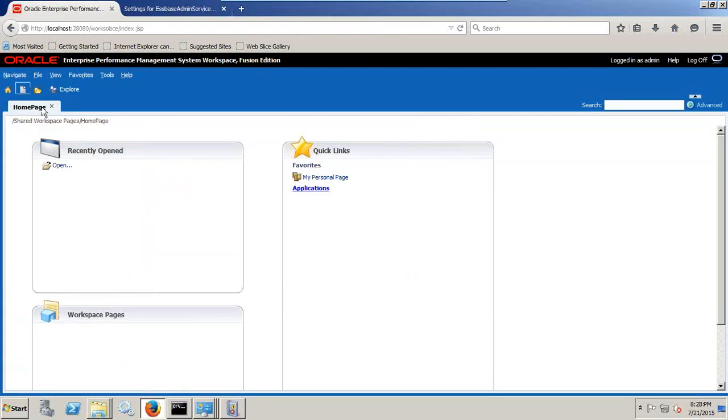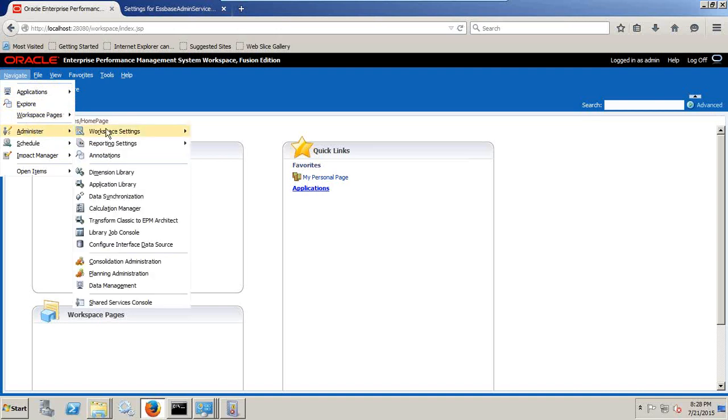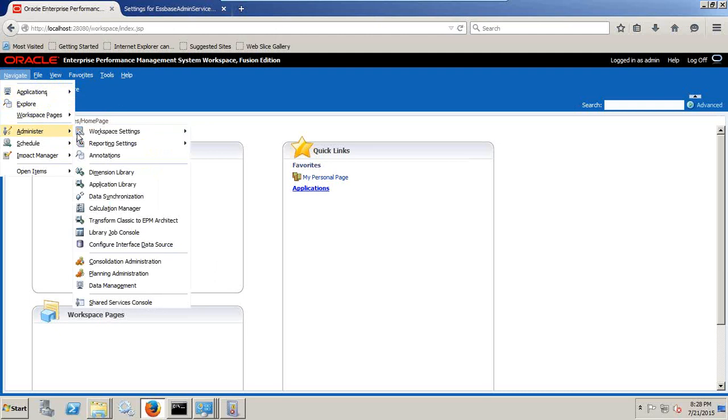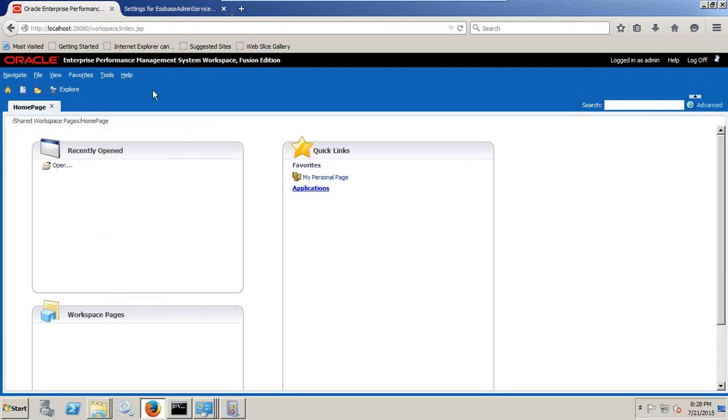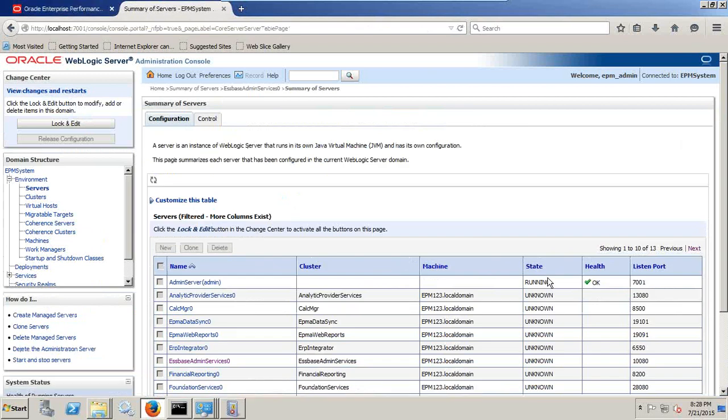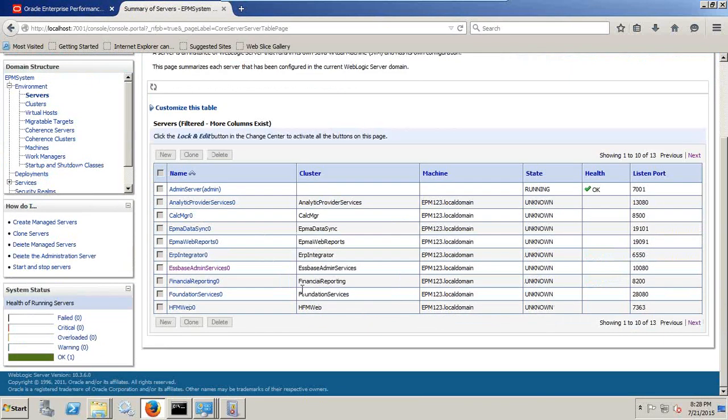So when I log in, I see over here the planning application is running. I don't have any planning application. I start my planning. I see over here my planning server is down. It's in unknown state.